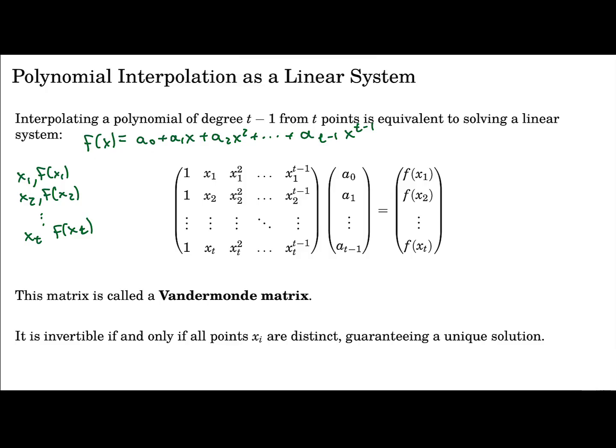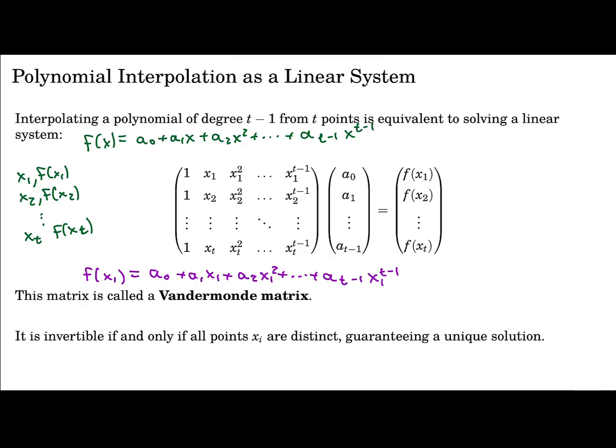So that means that for each point, if we replace this, let me write it down here. If we know f of x1, we know that it's equal to a0 plus a1 x1 plus a2 x1 squared, all the way to a t minus 1 x1 to the t minus 1.